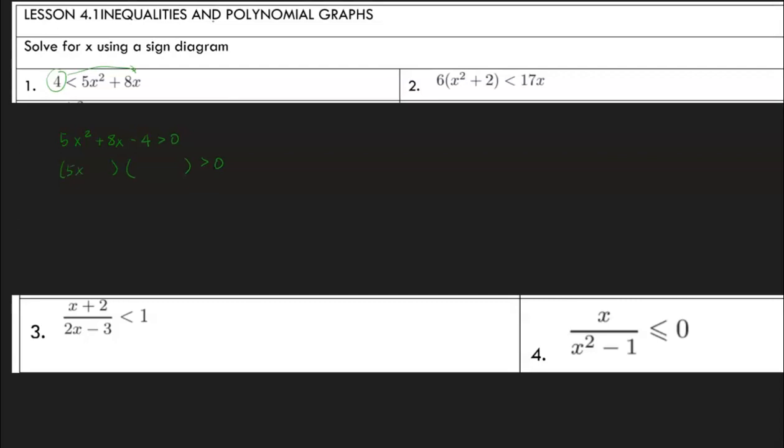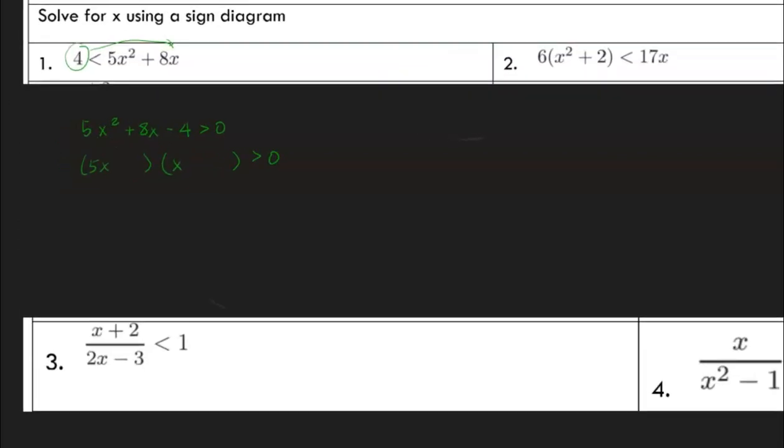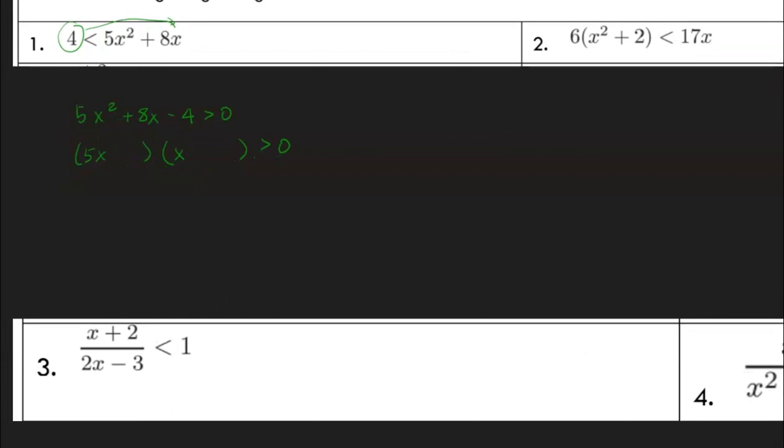And I just use a trial and error method. And then I'm going to use 2 and a 2, and that's going to be a plus and a minus.